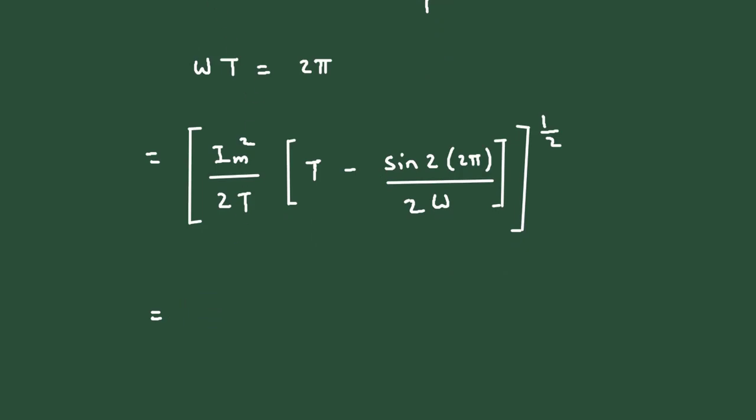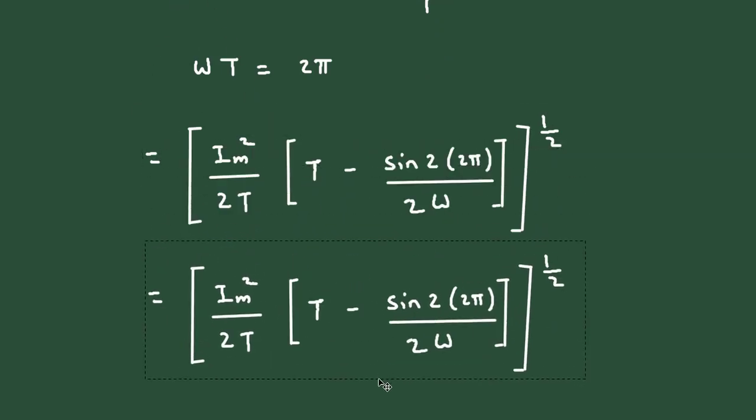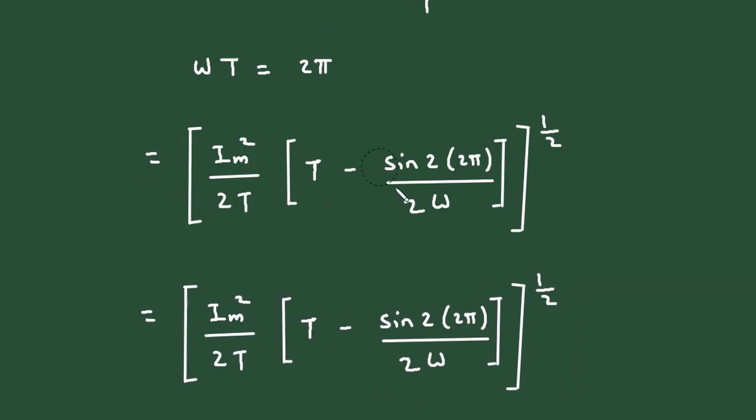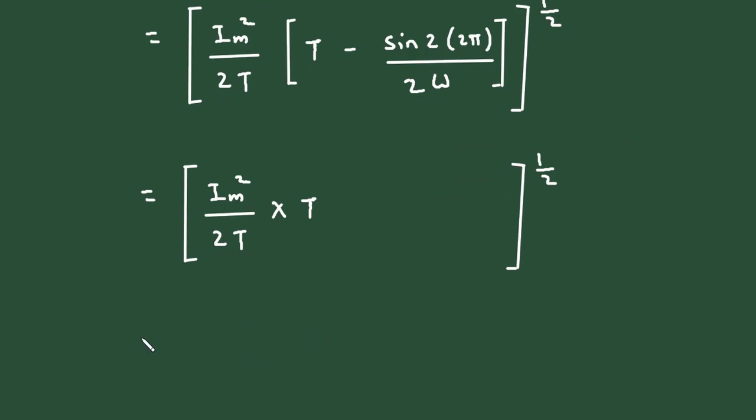So again, let's copy this. Now this term will become 0, so we can erase this also. So we have to multiply this whole with only T. Now this T and this T will get cancelled. So what is remaining part?